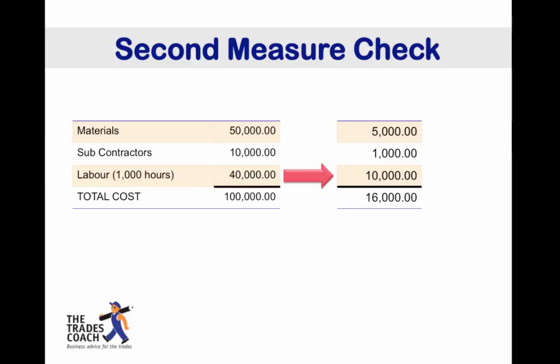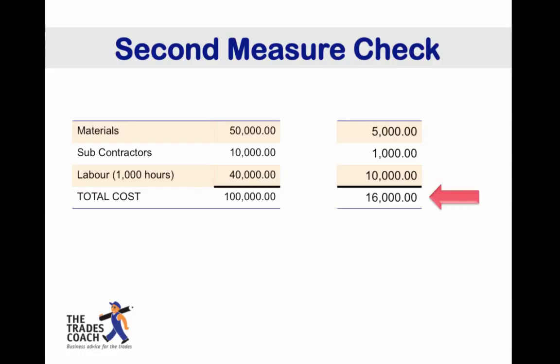Your labor here is 1,000 hours, and you have figured on average you're making $10 an hour from your guys, so you've got your 1,000 hours there, times $10 is $10,000 margin there.